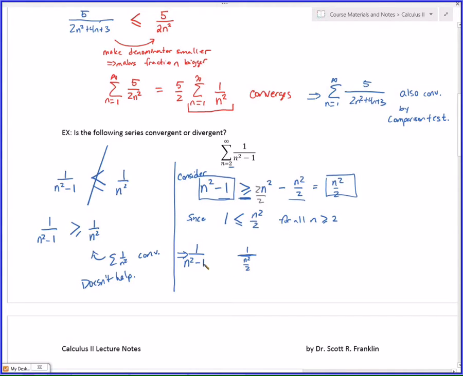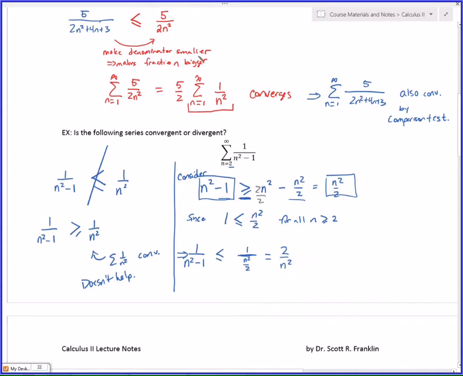So if this denominator is bigger than this one, then this fraction is smaller than this fraction. And what's 1 over n squared over 2? Invert and multiply. You get 2 over n squared.